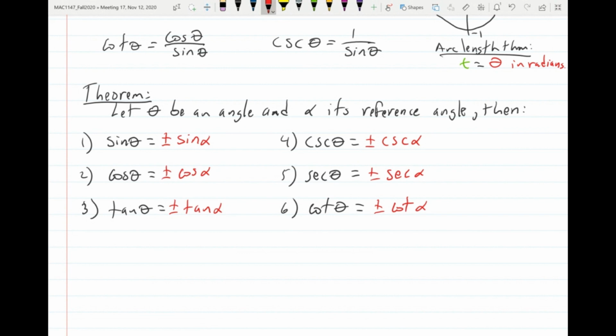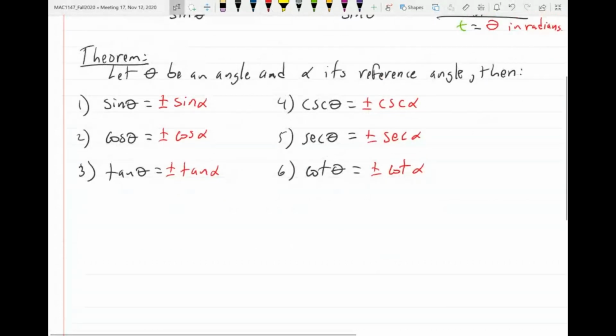And how do we determine whether it is plus or minus? Well, it depends on the quadrant, okay? Depending on the quadrant that theta lies in, you will know whether the corresponding function is positive or negative, and then you pick the sign accordingly. All right, questions on this?